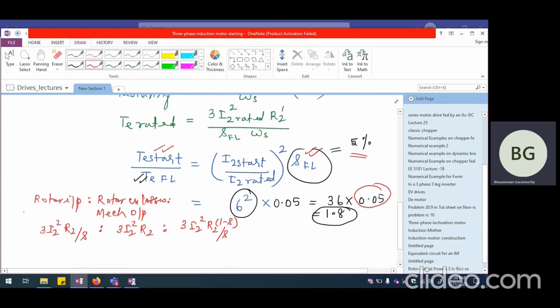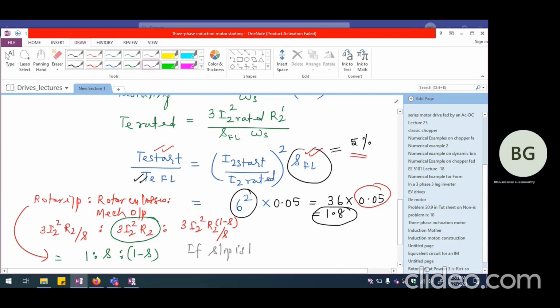So we talked about this ratio as 1 is to S is to 1 minus S. So slip plays a very, very vital role in deciding how much the rotor copper loss is. If slip is higher, then we are going to have higher rotor copper loss.